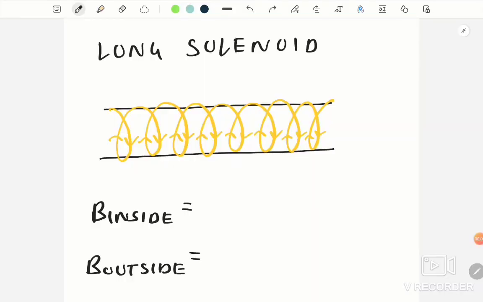Yes, students. In this slide, we will look at the formula of magnetic field inside a long solenoid. Guys, to find magnetic field inside a long solenoid, we will use the formula of magnetic field on axis of solenoid, and in that formula, we will substitute theta 1 as 0 degrees and theta 2 as 180 degrees.